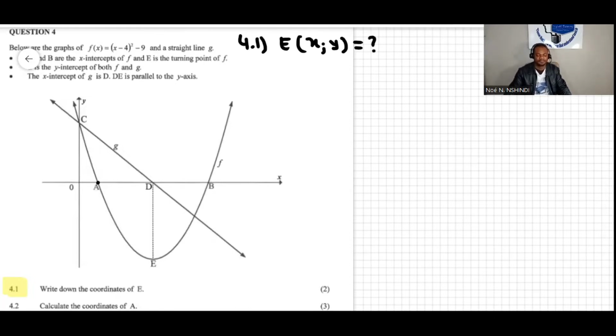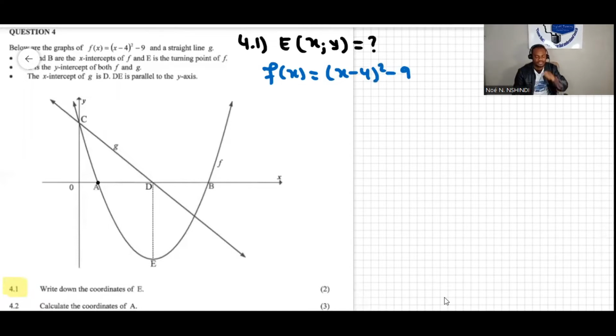Now, in the question, we do have f of x equal to x minus 4 to the power of 2 minus 9.